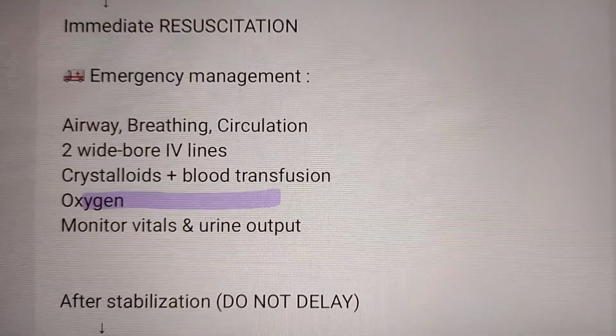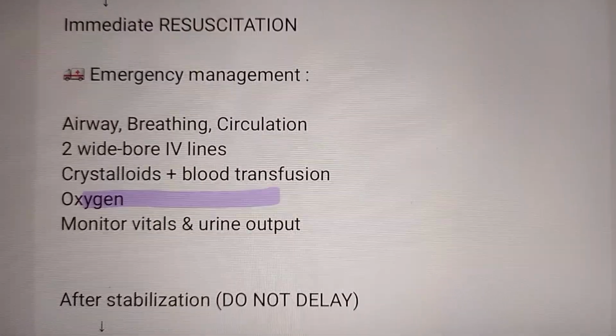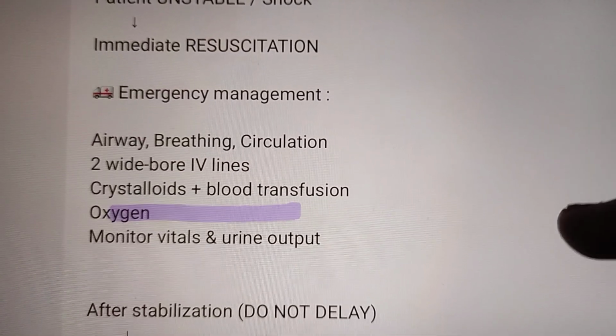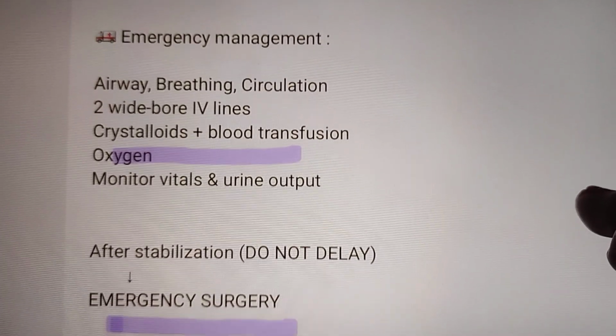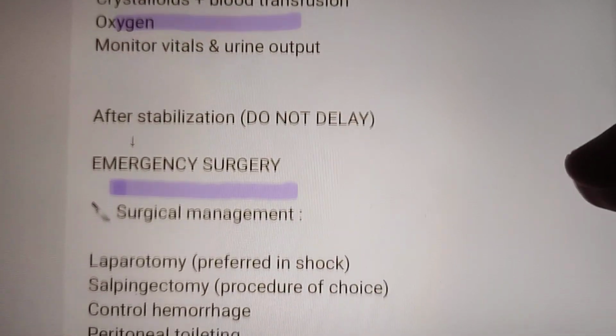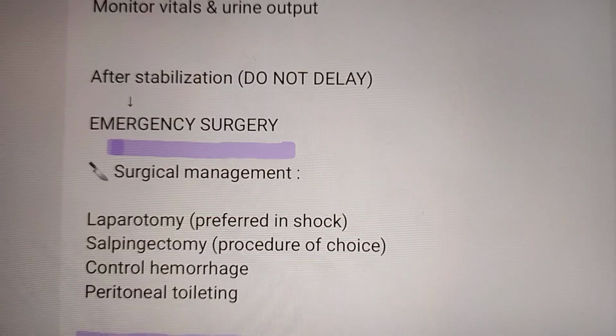First, we do emergency management known as airway, breathing, circulation. IV lines are put, crystalloids and blood transfusion given, oxygen, and monitor vitals and urine output. After stabilization, we do emergency surgery.